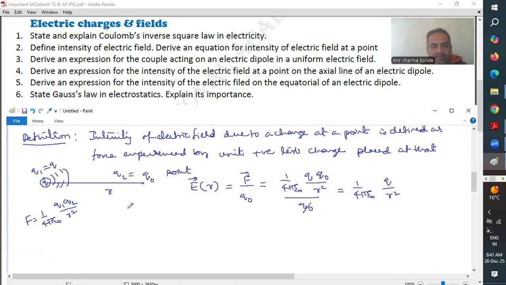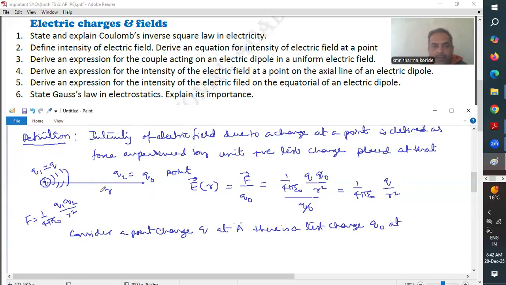A brief explanation can also be given. Consider a point charge Q at A. There is a test charge Q naught at P. The separation between them is R. Then we continue the definition and equation part as usual.